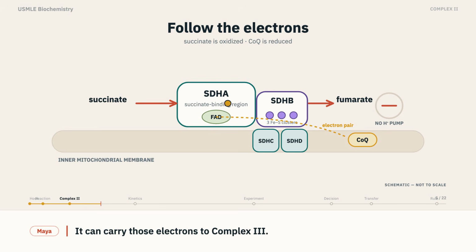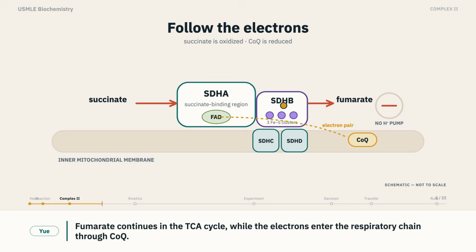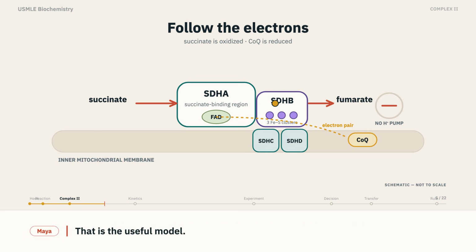It can carry those electrons to complex 3. So carbon and electrons separate. Fumarate continues in the TCA cycle, while the electrons enter the respiratory chain through coenzyme Q. That is the useful model.